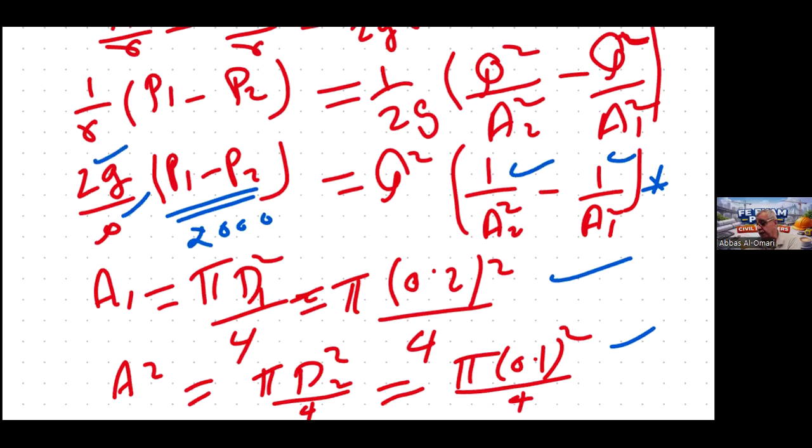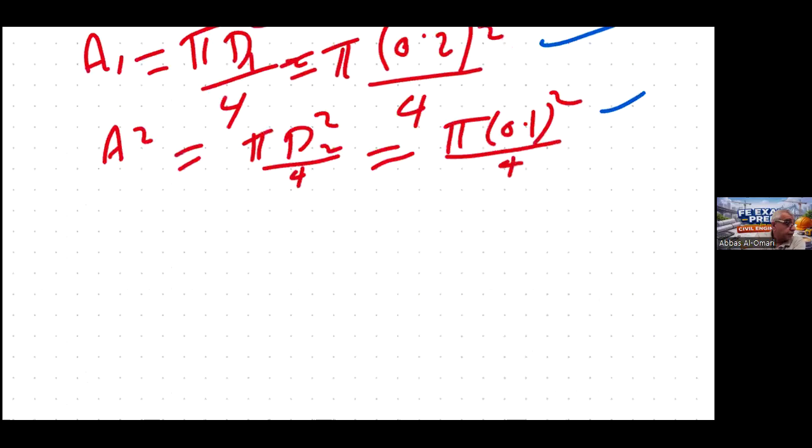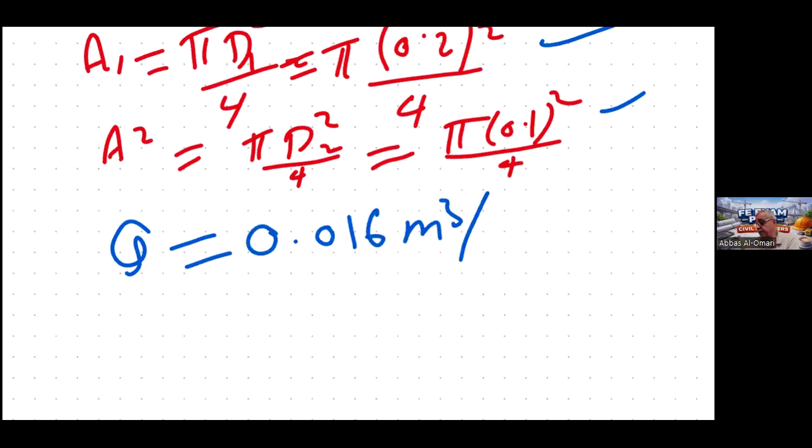So the only unknown is Q. If you do the math, you will get Q equals 0.016 meter cube per second. So this is the solution to the problem.